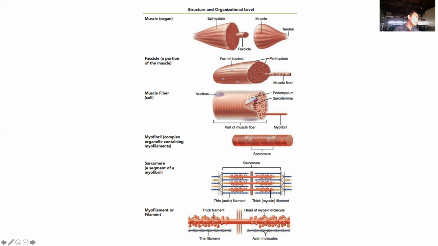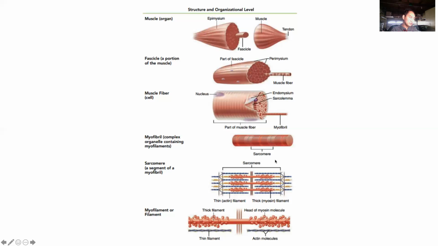Okay, so groups of myofibrils make a muscle fiber, fibers become fascicles, and fascicles become the muscle itself. I believe we all understand the hierarchy of muscle structure.